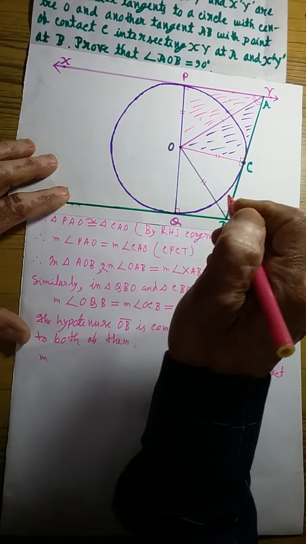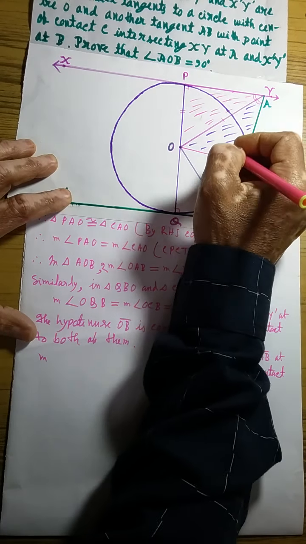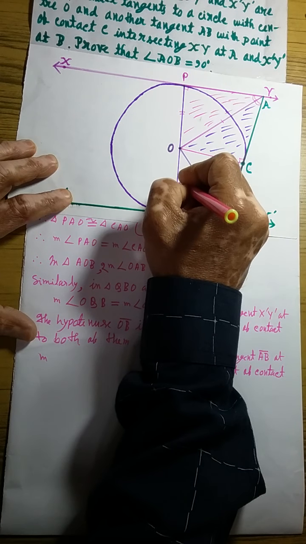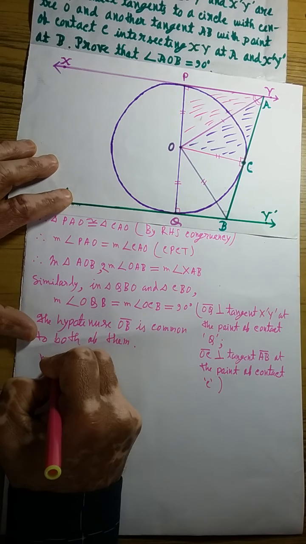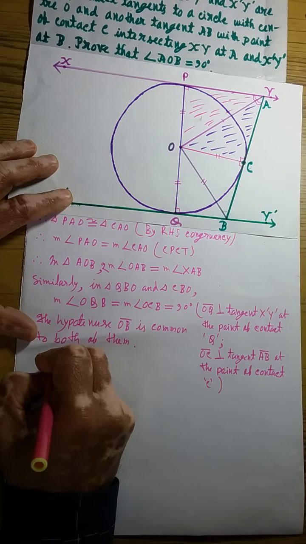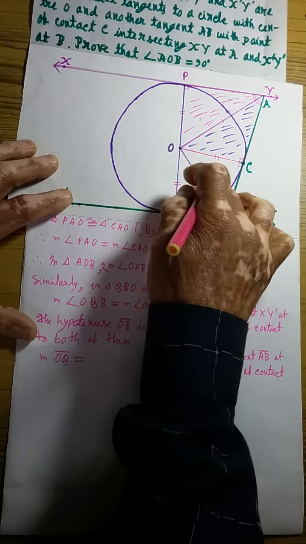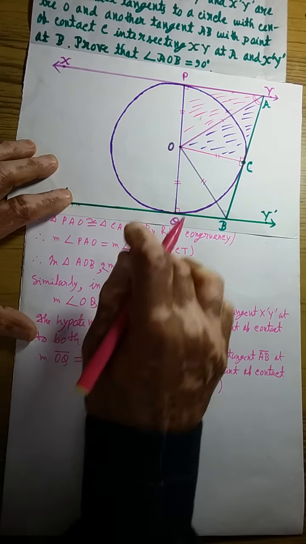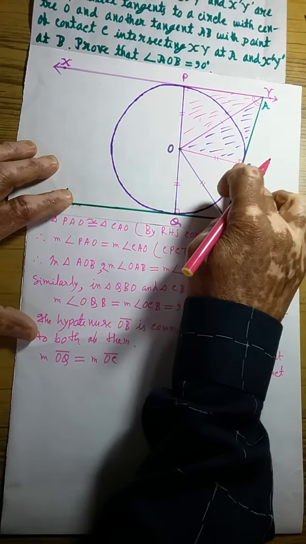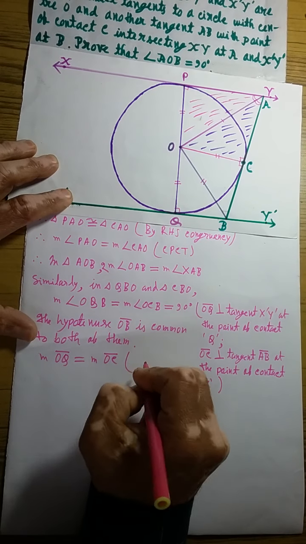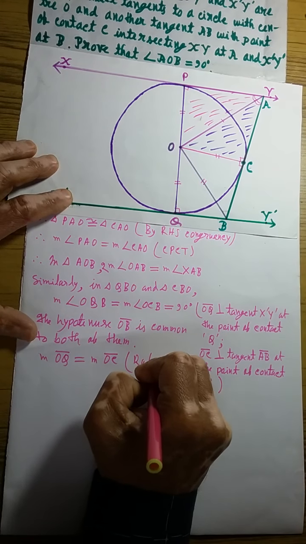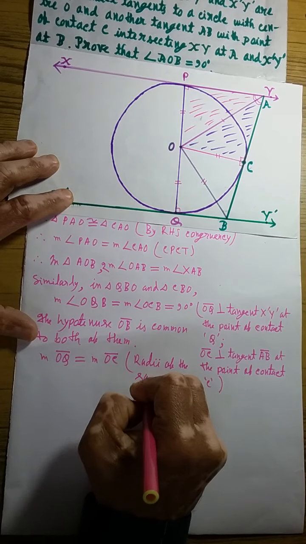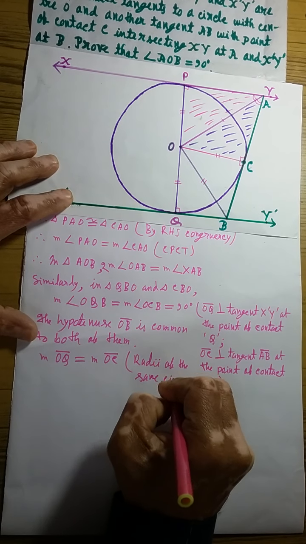The measure of the side OQ is equal to the measure of the side OC. Write within bracket: radii of the same circle.